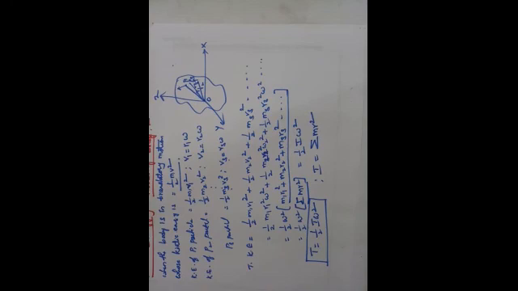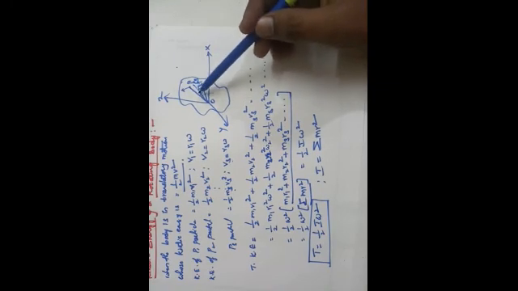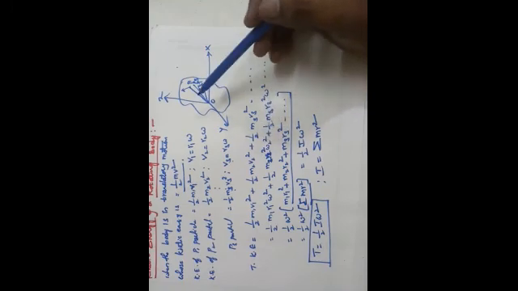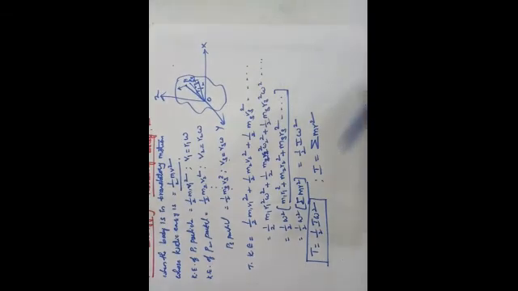The moment of inertia of a body about an axis is defined as the sum of the products of the masses of individual particles and the squares of the distances of the respective particles from the axis of rotation. Hence the total kinetic energy of a rotating body is T equal to half I omega square.